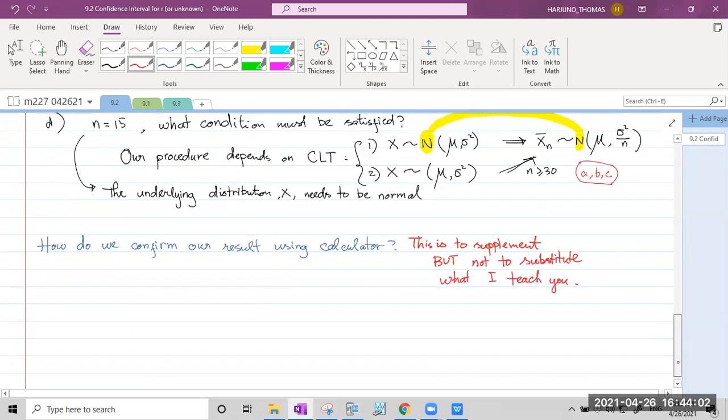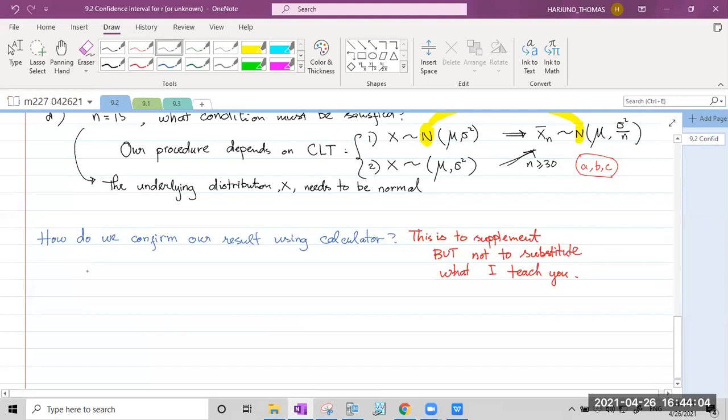Now the procedure will be: you go to stat, then go to calculate, then go to test, and then t interval.